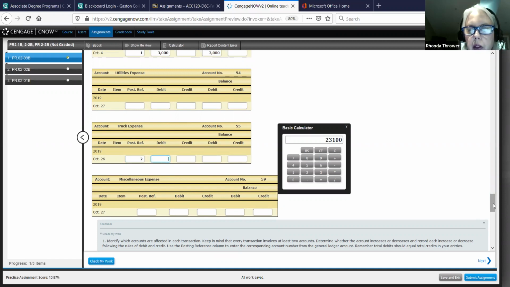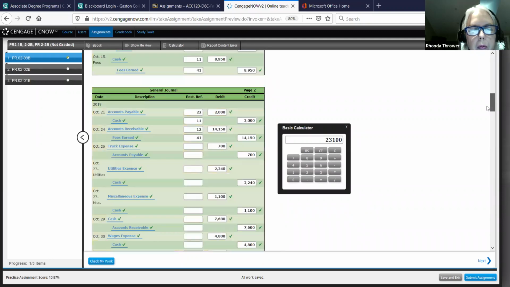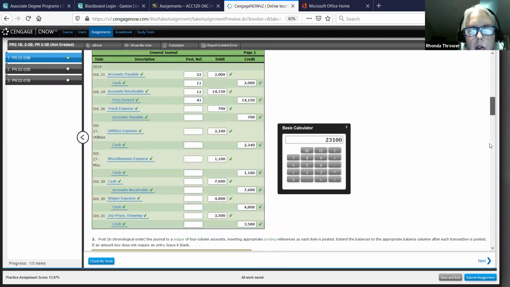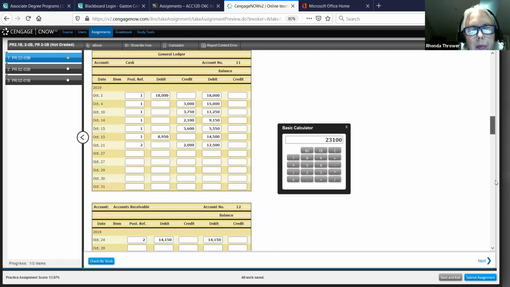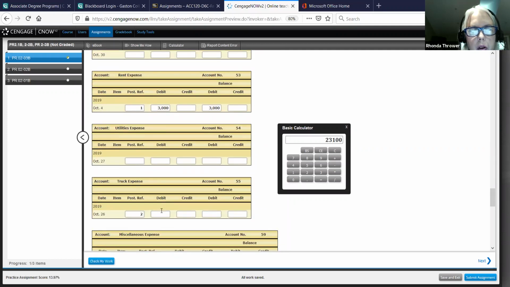And I'm going to debit this account for $700. So it's going to have a debit balance because expenses increase on the debit side. Its balance should be on the debit side.